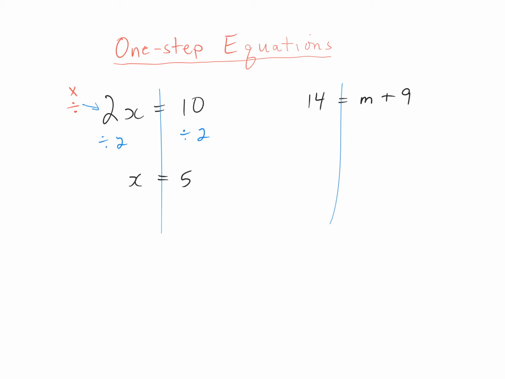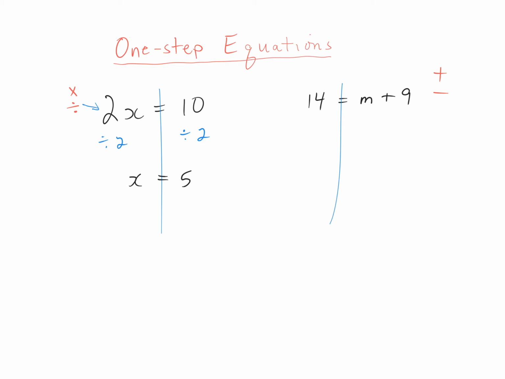And I'm going to look, where's the variable? Right here. What's happening to it on this side? Well, we are adding 9 to it, right? So just like over here, we did the opposite of multiplication to solve, division in this case. Over here, we're going to do the opposite of addition, which is subtraction. So the opposite of addition is subtraction.